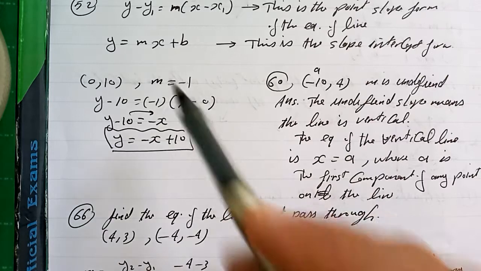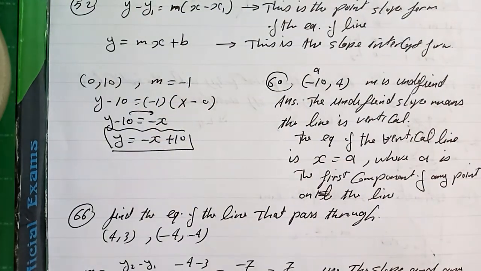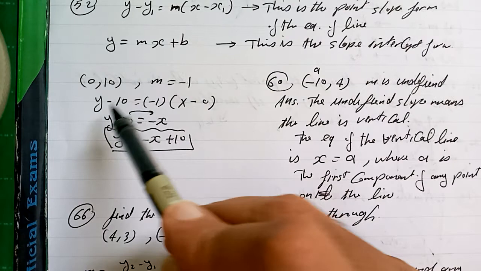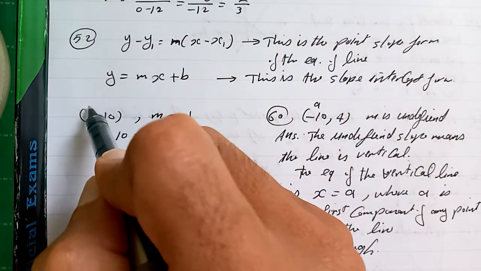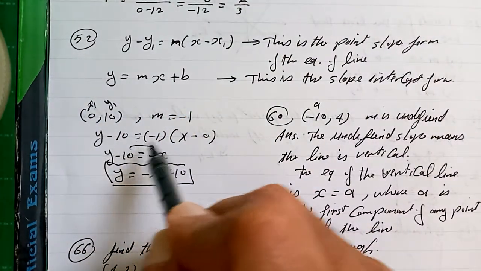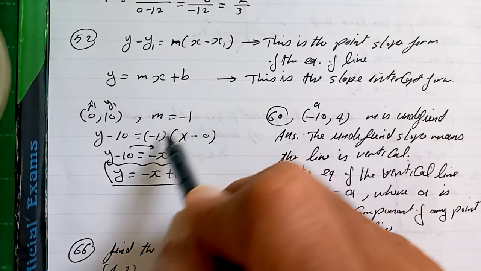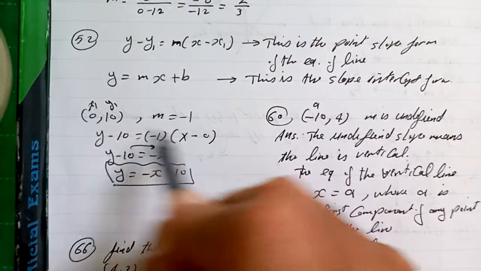In number 52, you have a point which is 0 and 10, and the slope which is negative 1, and you need to write the equation of the line. First, use the first form, y minus y1, where this is x1 and this is y1. y minus 10 equals the slope, negative 1, times x minus x1. x1 is 0.